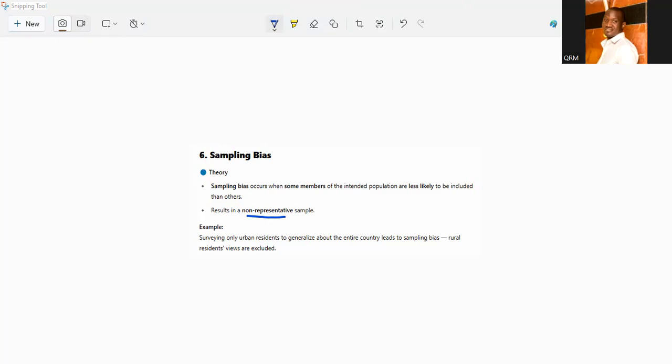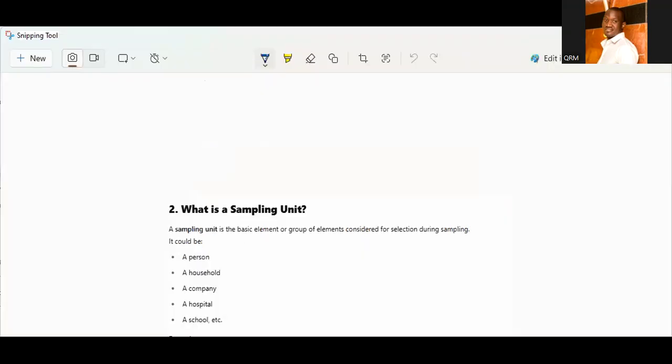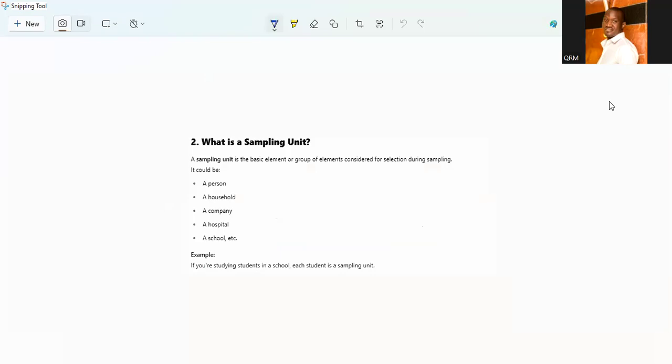And a sampling unit, what is a sampling unit? A sampling unit is simply a basic unit element from a group of elements. For instance, it could be a person, a household, a company, a hospital.